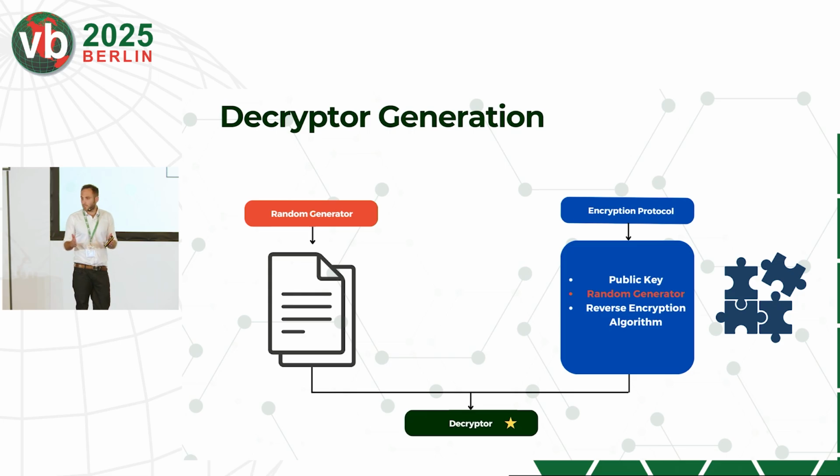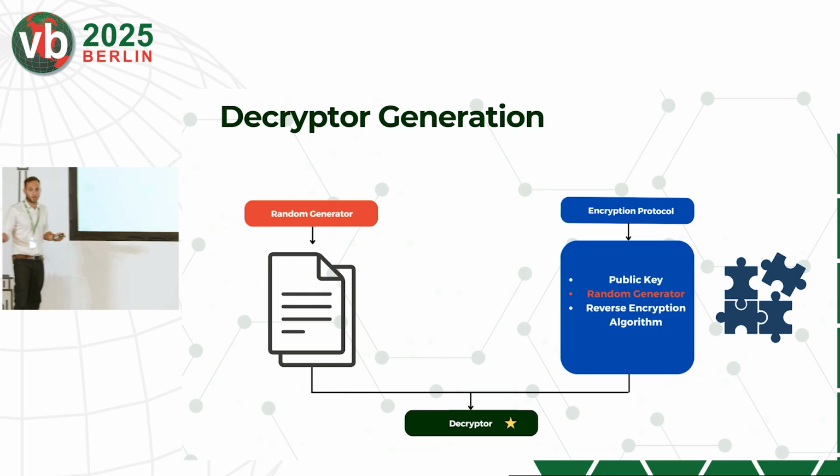But the pseudo-random generator happens on our machine, on the local victim machine. And it has to happen. So the research was, on the one hand, finding a way to get all those random generators values, and on the other hand, to reverse engineer the encryption models in order to later decrypt.